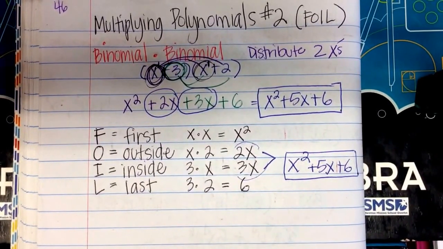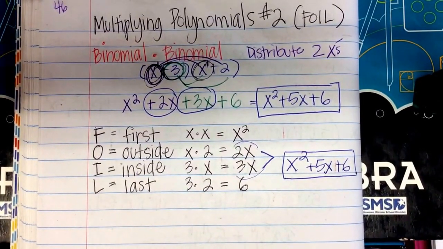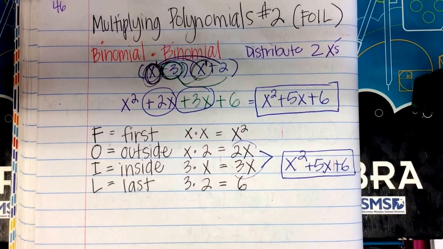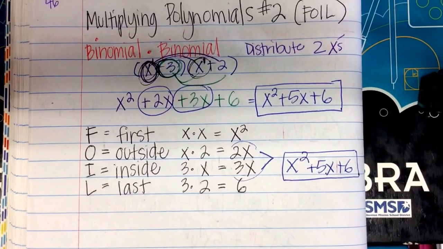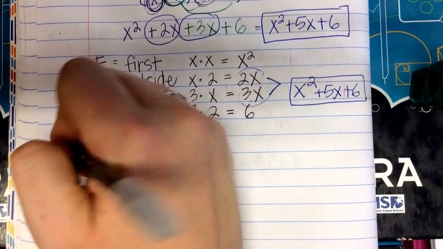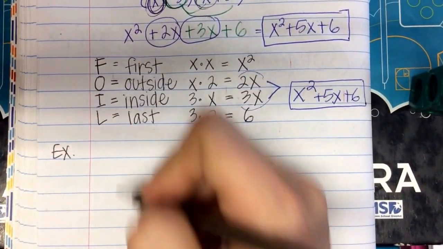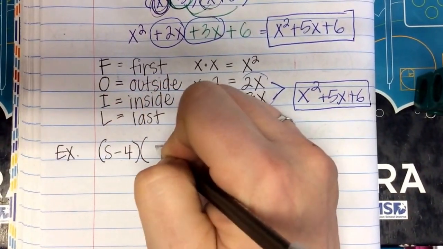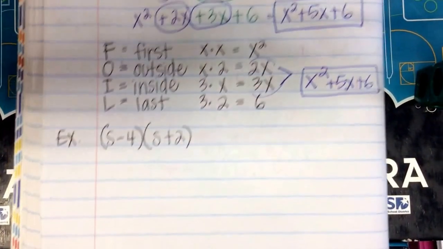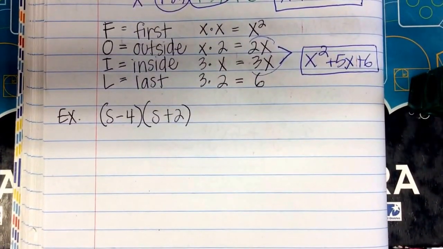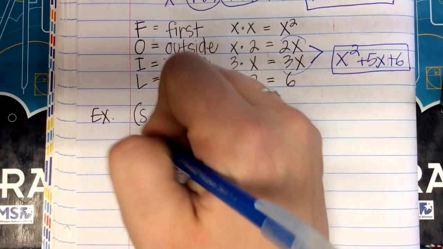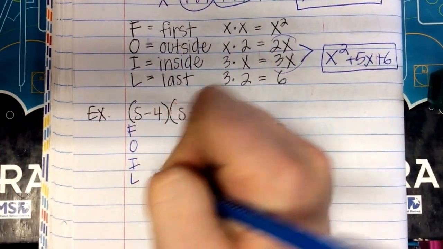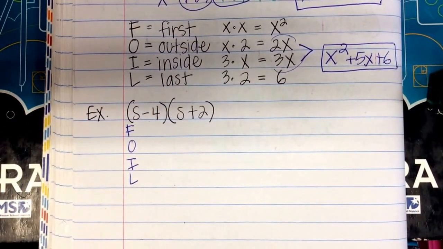First, outside, inside, last. Let's do some practice. First, outside, inside, last. FOIL.